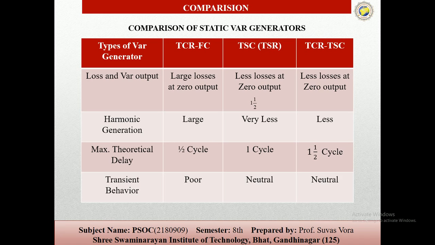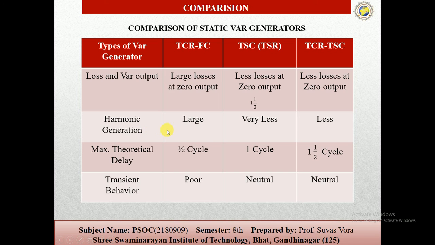So now comparisons of the static var generators. We can see the three different types of static var generator: TCR-FC, TCSC or TCR-TSC. When we talk about the loss and the var output, the TCR-FC has a large loss at zero output, all are of the same type.